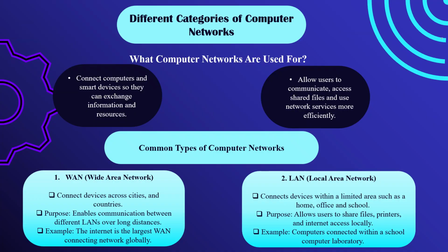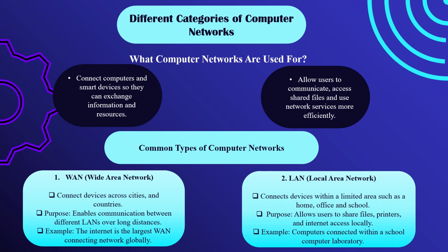Computer networks exist to connect computers and smart devices so they can exchange information and resources, allowing users to communicate, access shared files, and use network services more efficiently. Networks are generally categorized by the size of the area they cover. Let's start with the largest scale, the WAN or wide area network.